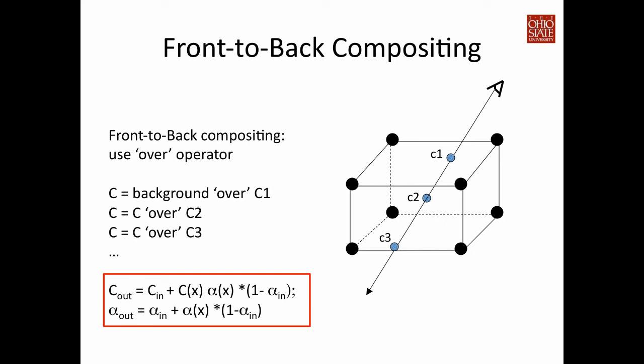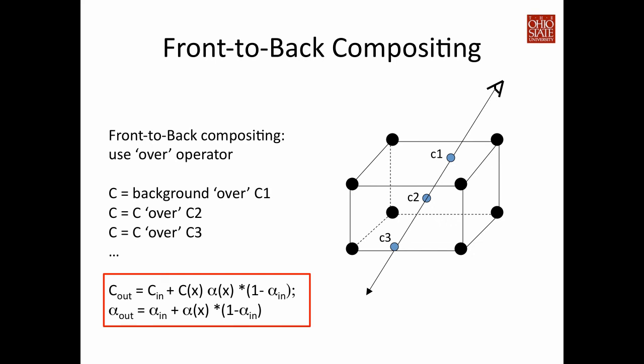To implement this, you need to use the equation in the red box here. The difference is that you also have to store the accumulated opacity up to the current point. If you go back to the previous slide, you'll find that using the under operator, you don't need to store the accumulated alpha. Now, in this equation, C out is the result after you blend the new sample. The new sample has color C of X, where X represents the point you are seeing right now, and alpha of that point too.